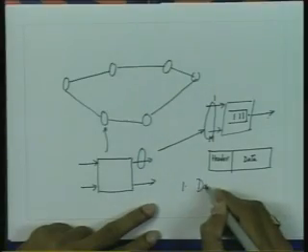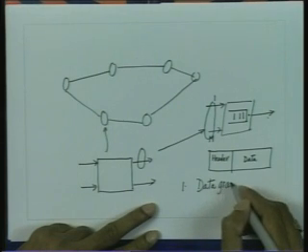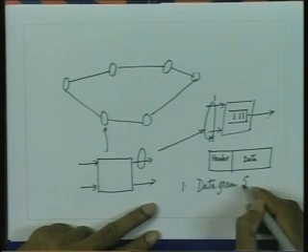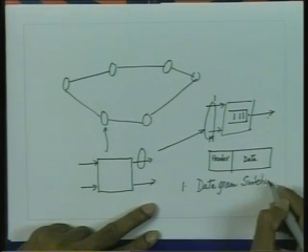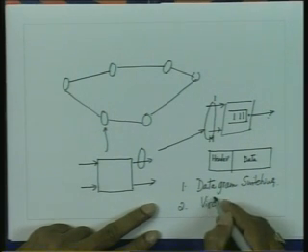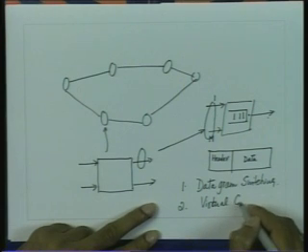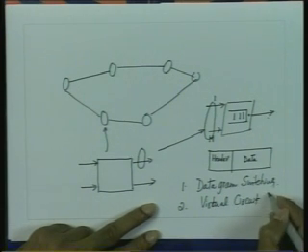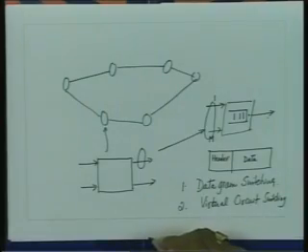Now in packet switching, there are two ways in which the packets can be forwarded. One is datagram switching or datagram routing. Second is virtual circuit switching.